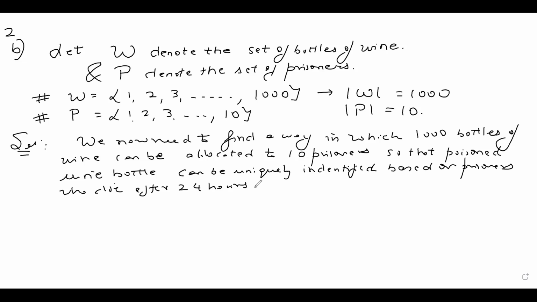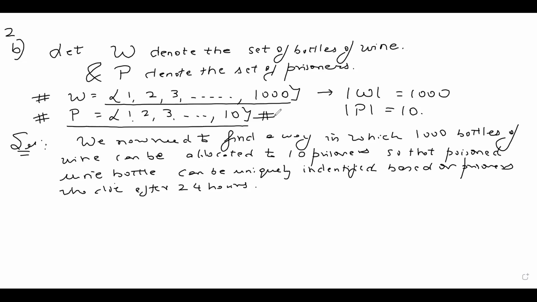Now understand this, guys, there are 10 prisoners, and 1000 wines have to be given. When you have 10 prisoners, what are the possible groups you can make? In other words, what am I heading at? The possible groups you can make is the number of subsets only.